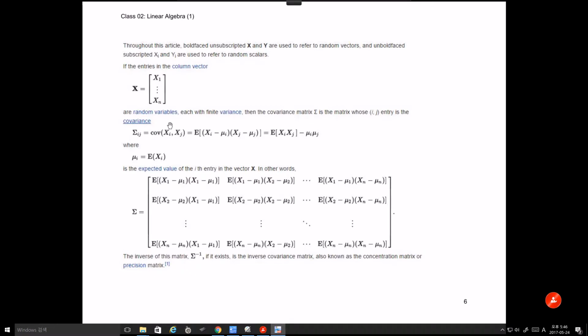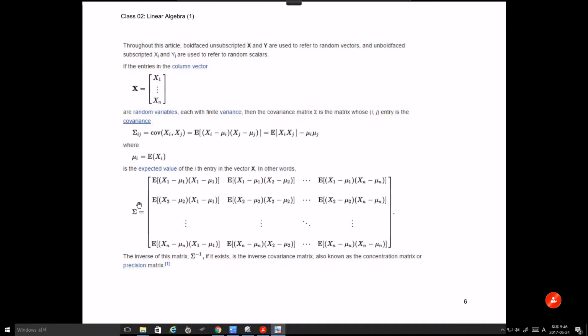Of course, the definition of covariance is the expectation of xi minus expectation of xi, times xj minus expectation of xj, which is the same as expectation of xi xj minus mu i mu j. Here mu i and mu j are expected values of xi and xj respectively, where mu i equals E of xi.